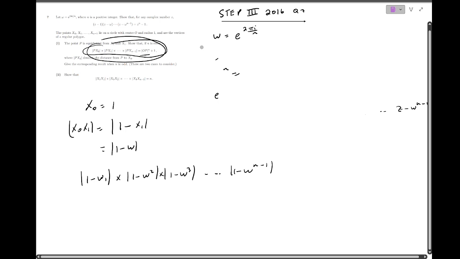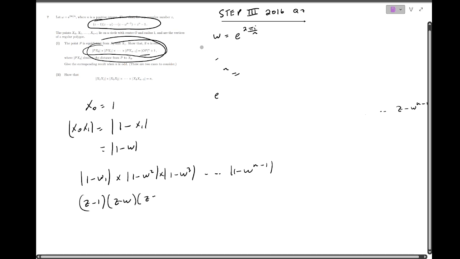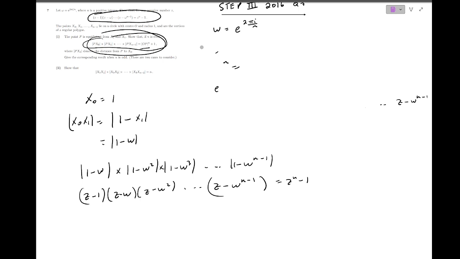Okay. Now, if we look really closely, it is very similar to what we proved in the stem. So I'm going to write that out again. But there is a slight change because we have a z minus 1 here and we have a 1 minus omega here. So the difference is that if we plug in z equals 1, which it is, we get a 0 on both sides.